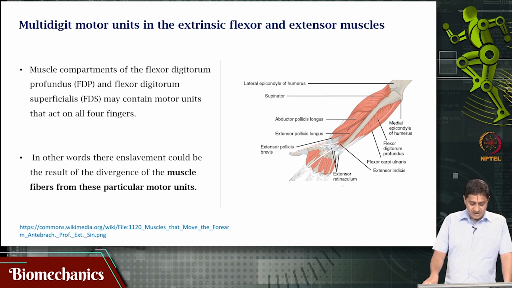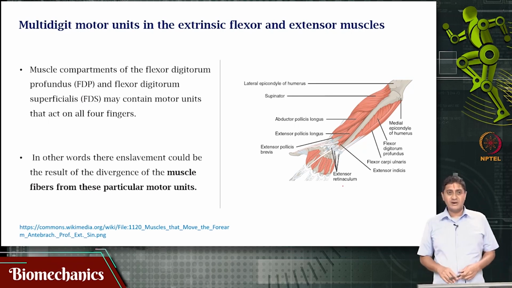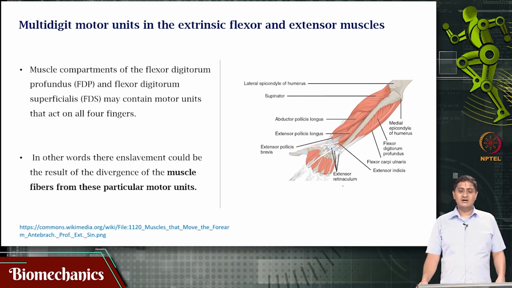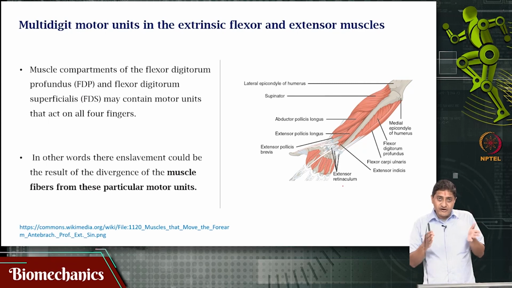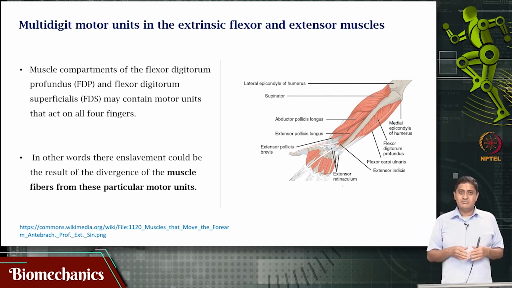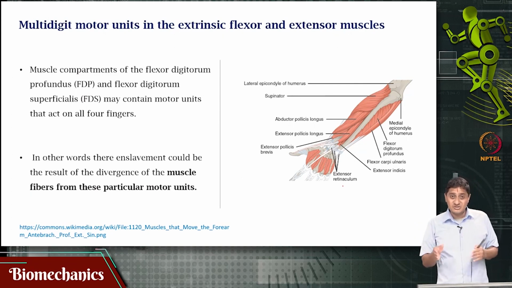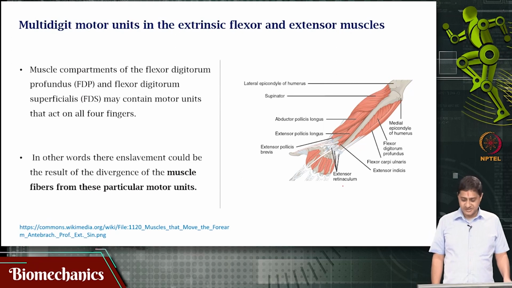So, maybe there is some kind of divergence of commands or divergence of muscle fibers from these motor units. If they are diverging to 4 different fingers, although only one of them may be activated, because there is divergence of fibers to different tendons, this may cause a difference in either movements or forces.